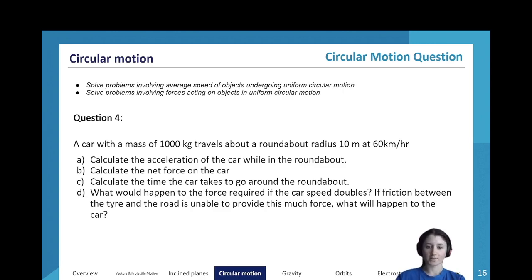But otherwise, I will go through the solution for the question now.